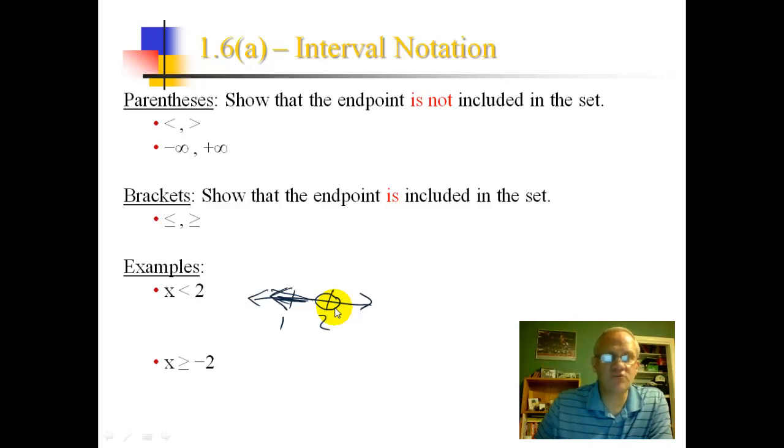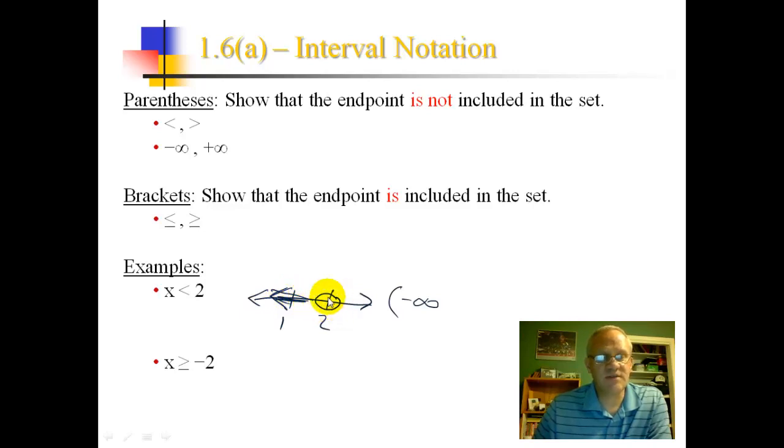So if we were going to write that in interval notation, we look at what's going on each side. First of all, on the left side, the arrow is going on and on and on to the left. So that is the negative infinity. And whenever you have either of the infinities, you're going to use a parentheses in front of it. So that's the parentheses and then the negative infinity. That shows that the arrow is going to keep going to the left.